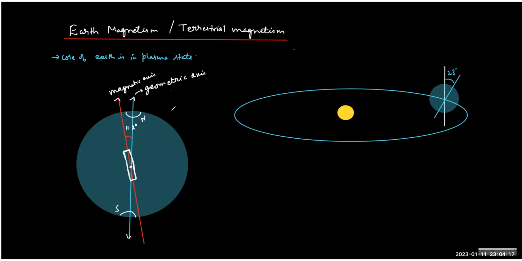So the geometric axis and magnetic axis are two separate axes, and the poles on the axis of the magnet, what do we call them? This is called the magnetic North Pole, and this is called the magnetic South Pole.